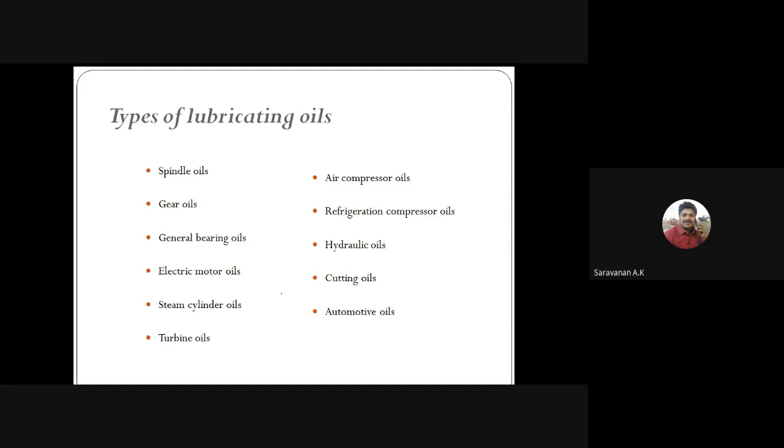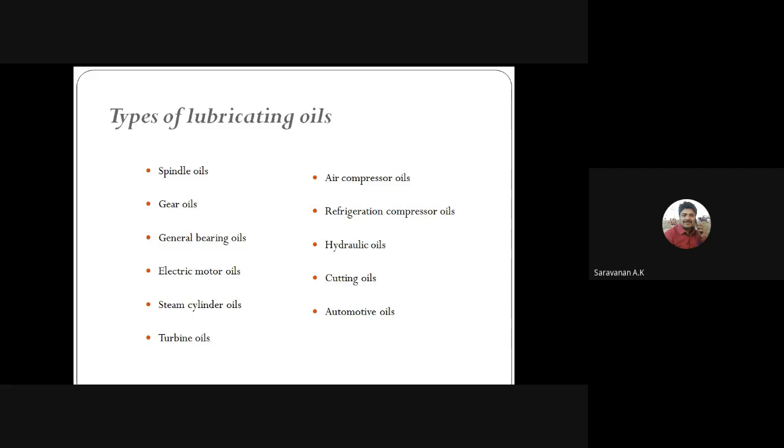The first is the spindle oil, gear oil, roller bearing oils, electric motor oils, then steam cylinder oils, turbine oils, air compressor oils, then refrigeration and compression oils, hydraulic oils, cutting oils, and some automotive oils. So that is 11 classifications of the oils.